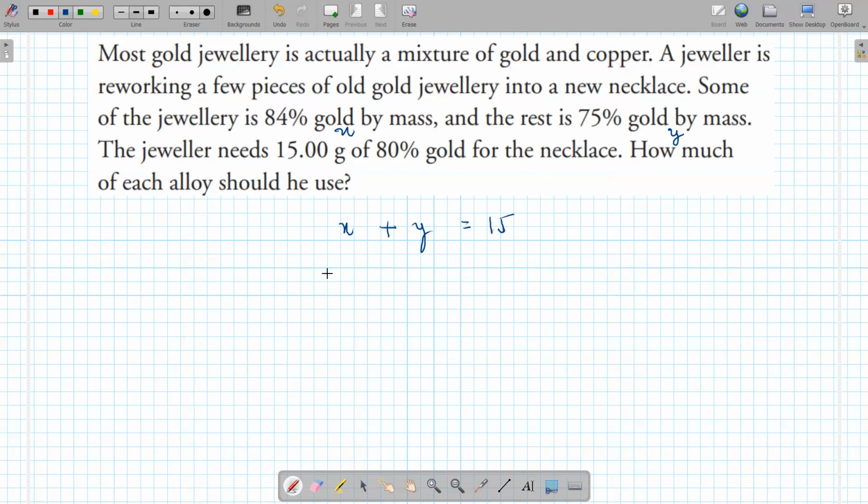It's gonna look like this. The 84, yeah, go ahead. 0.84x plus 0.75. What about on the other side?